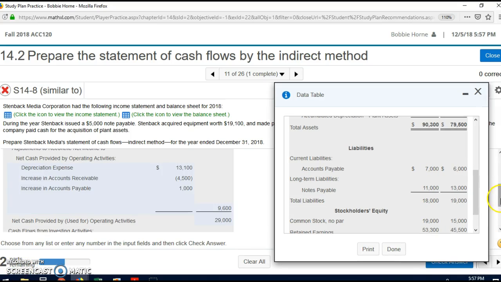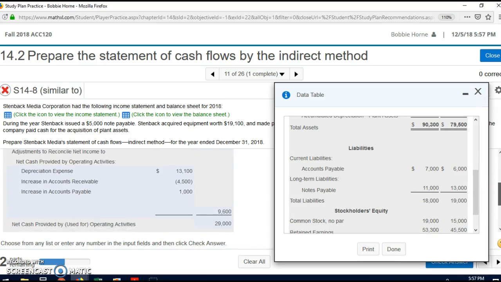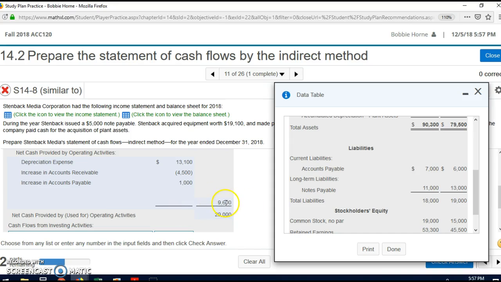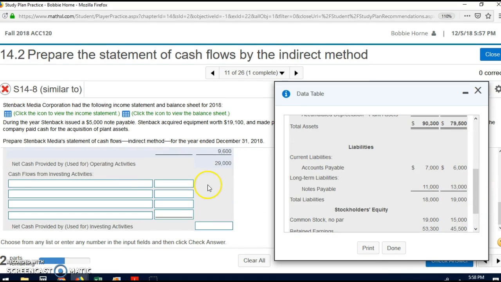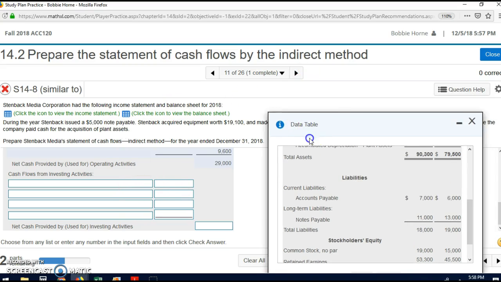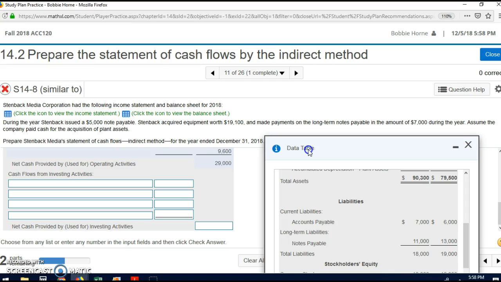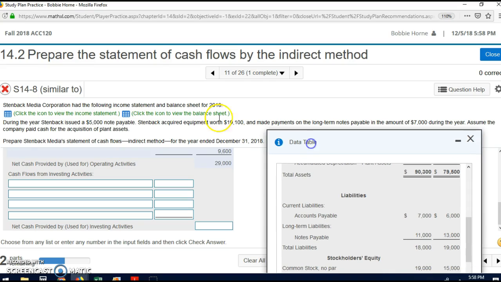Now take net income, which was $19,400, and add $9,600, and the net cash provided by operating activities is $29,000.